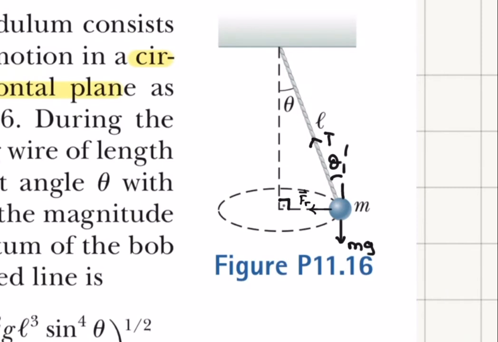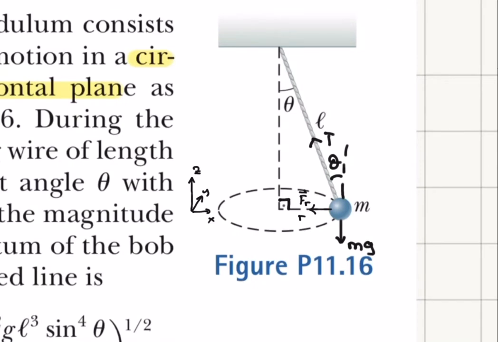What the bob is doing is it's rotating on a circular path in the xy plane. It's in a horizontal plane. Okay, so this is on my xy plane. So this is, let's say, the y-axis, this is the x-axis, and this is the z-axis. All right, and as a result, the motion is on the xy plane.